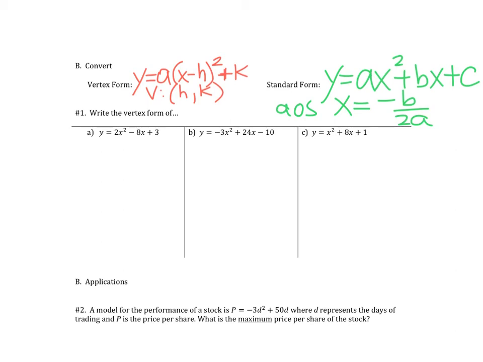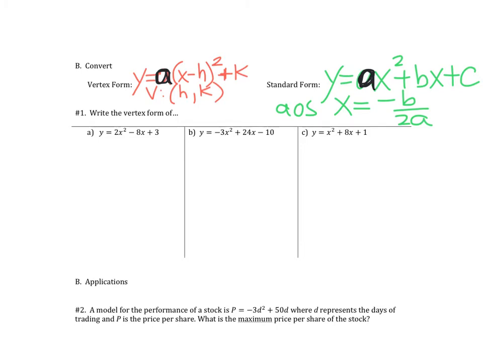These forms are very different, but they also have something that's exactly the same. So if I have something in vertex form and I have a number out front and then I rewrite it in standard form, that a is going to be exactly the same. So if this a was 2 in vertex form, and I do the same parabola but write it in standard form, it's going to be 2 again. So the a doesn't change, everything else pretty much does.